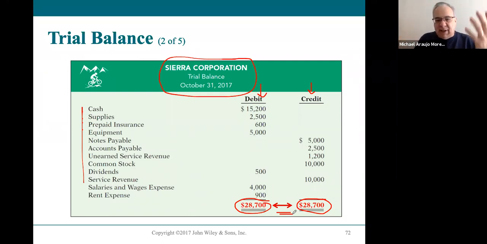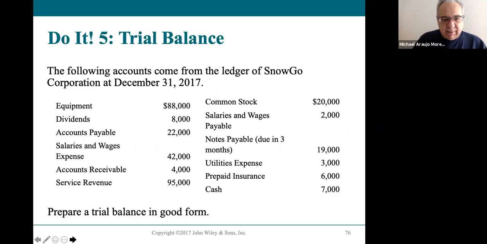The accounts that have debit balances, like the asset accounts, the dividends account, and the expense accounts, add up to equal all the accounts that have credit balances, like the liability accounts, the common stock account, and the revenue account. So simply list the balances from the ledger that we just did, and it should equal. That's a trial balance. Not much here.